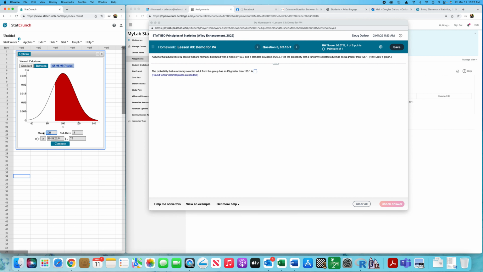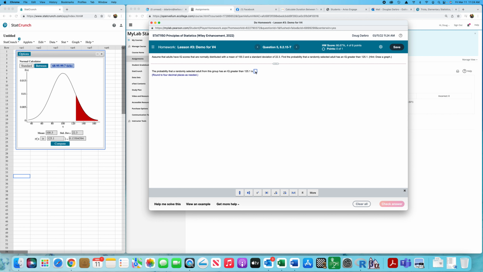Just change the mean, change the standard deviation, and we need greater than an IQ score of 125.1. So rounding to 4 places, our answer will be 0.1330.